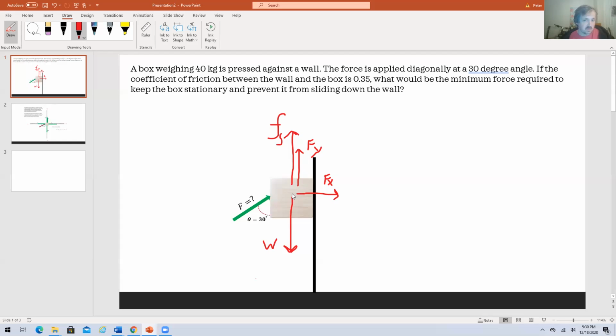It actually responds with two different forces, one parallel, that's the frictional force, and one perpendicular, that we call the normal force.